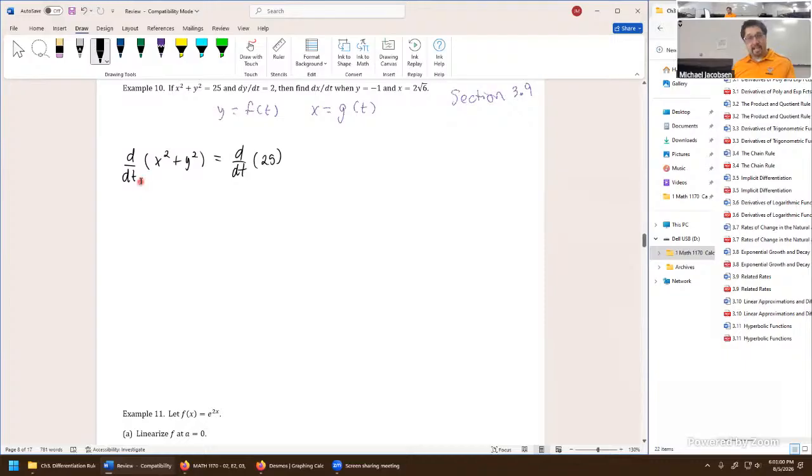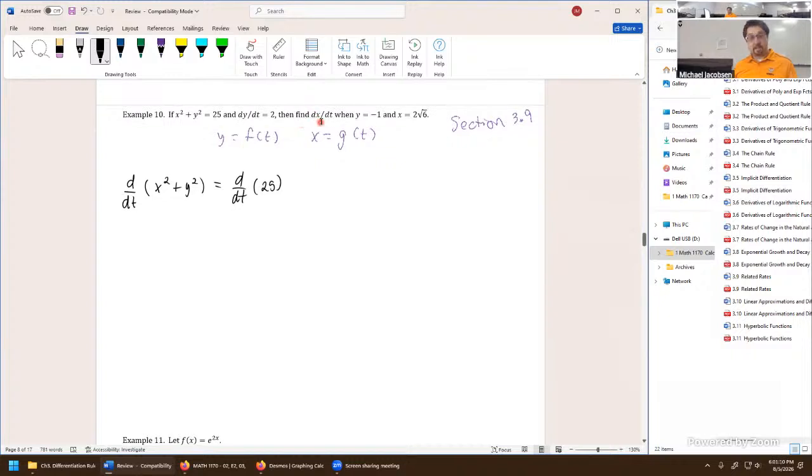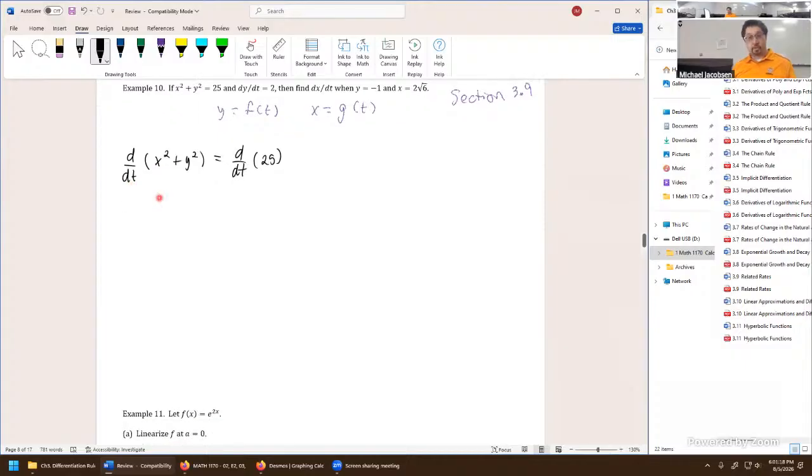But this time, if we said d/dx, sure, that would have been just a 2x, just like in the prior problem. But if we're solving for dx/dt, that's not the derivative we need to take. We're taking d/dt, and now this goes a little bit differently. So let's work through this problem carefully, just like before. When we differentiate here, it's done implicitly.